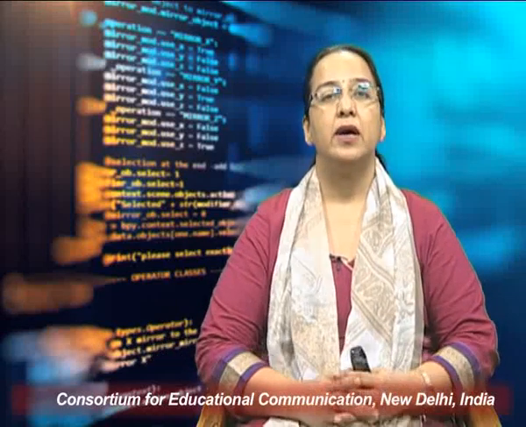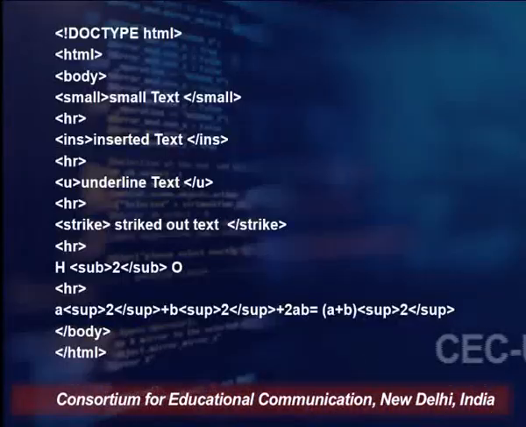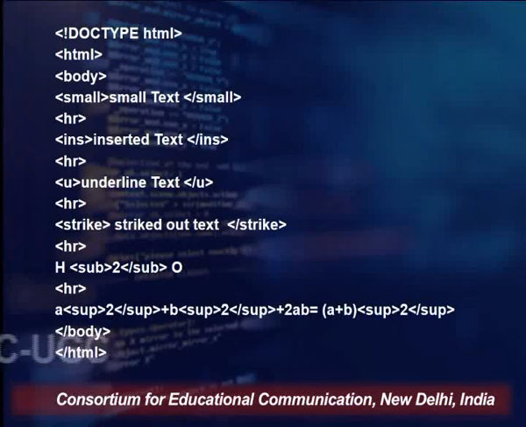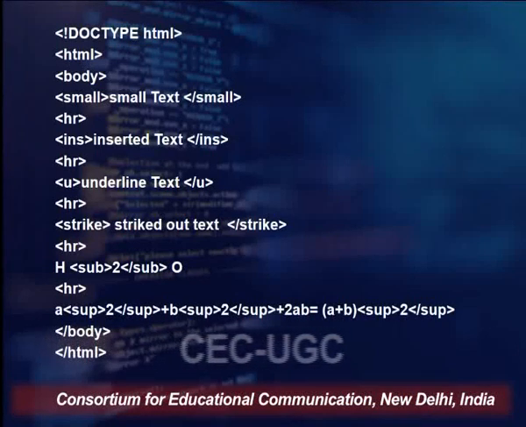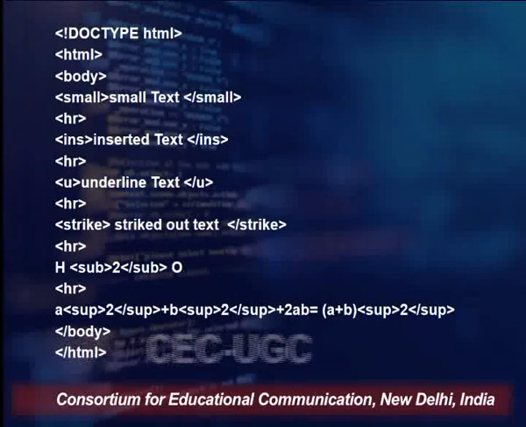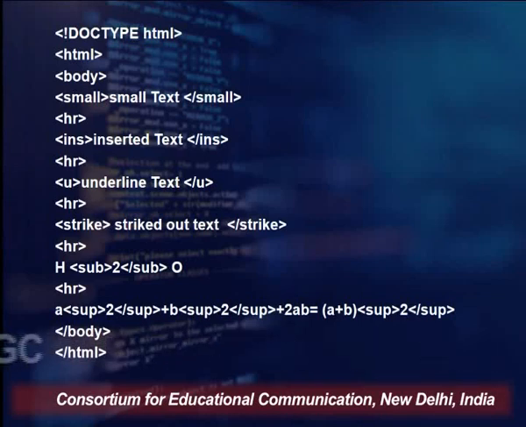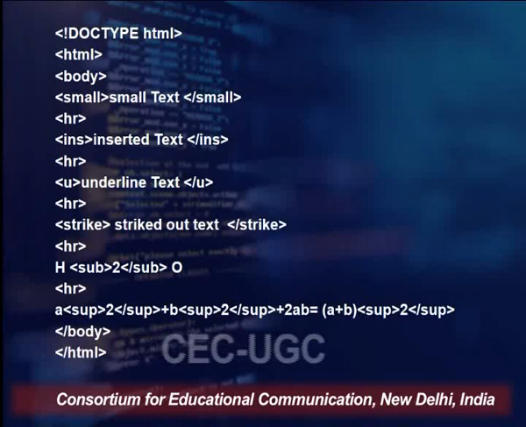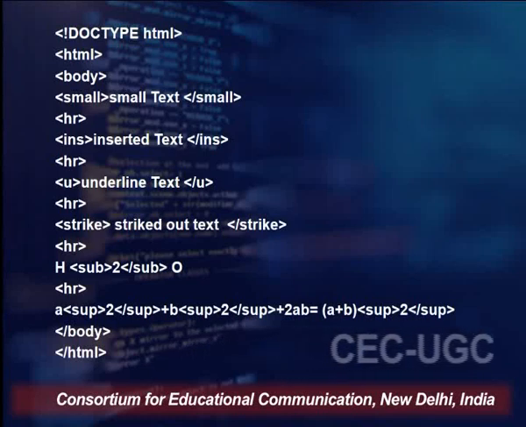Coming to the coding for all these elements, similarly, we have the doctype HTML, then HTML open, then body open. We have used one small tag, with a small text and the small tag closed. Then we have HR. I have already told you the significance of HR. For inserted text, we have used the text as inserted text, and the tag is INS opening and INS closing.